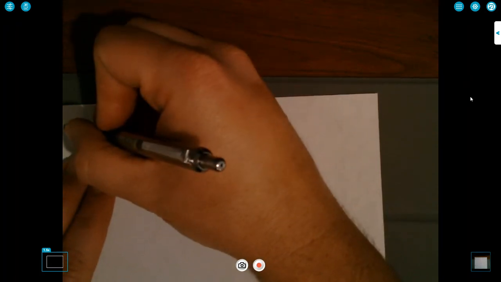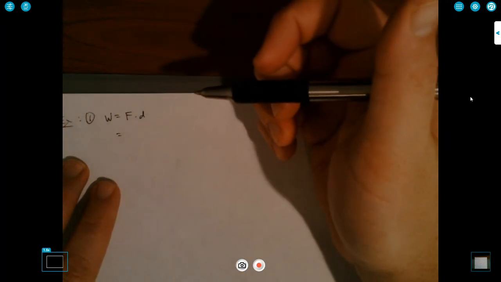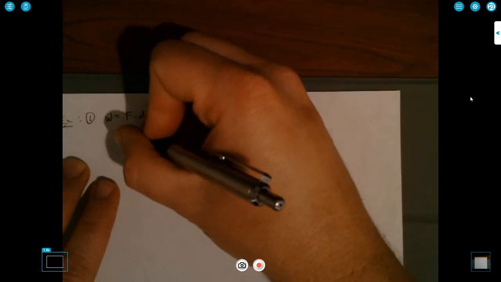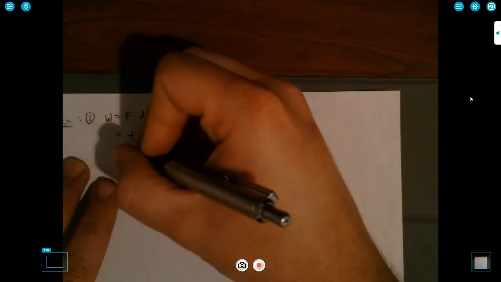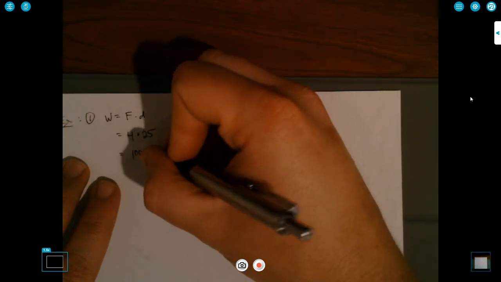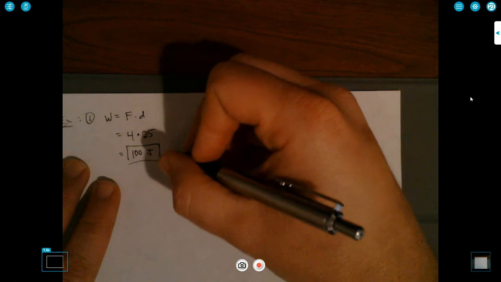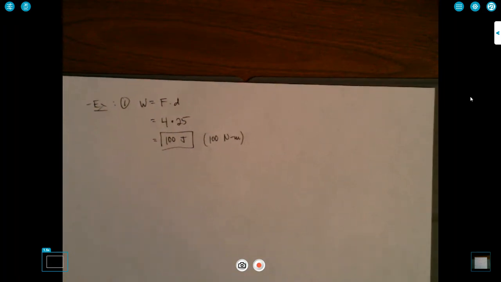The work done is the force times the distance. In this case, the force, we're told, is a constant force of 4 newtons. And the distance, we're told, is that it moves 25 meters. So that would be 100 newton meters, or in other words, joules, right? Right, 100 newton meters. Okay, and that's it. That's all there is to it.